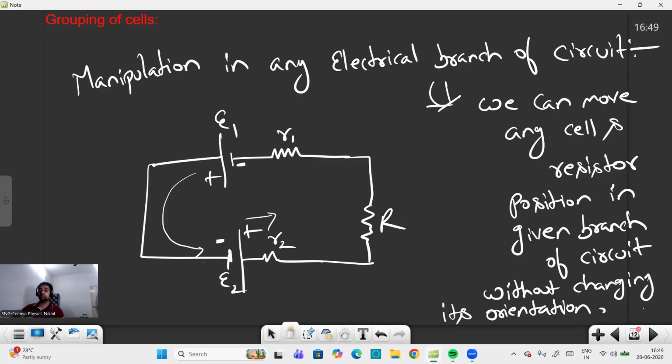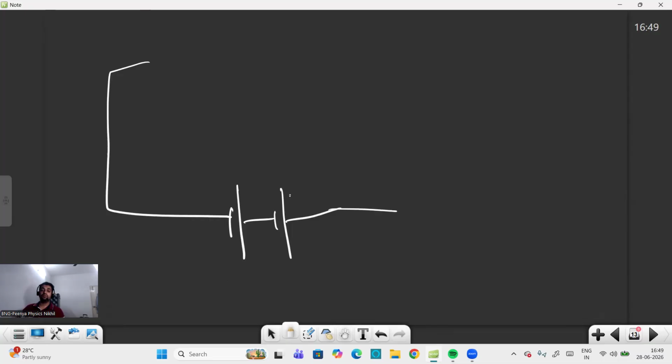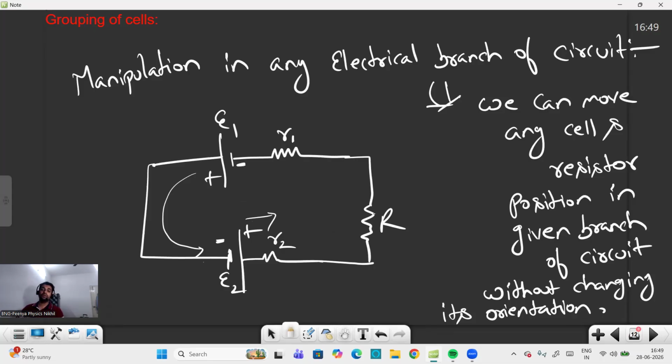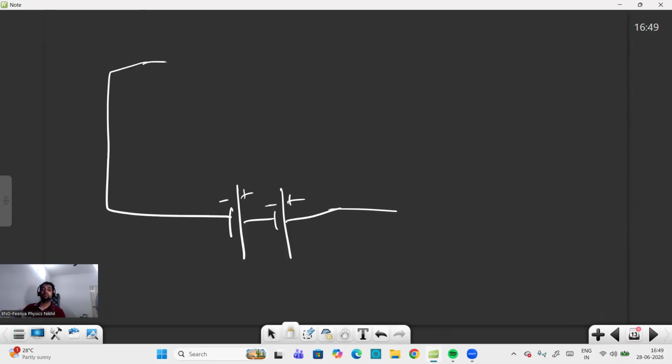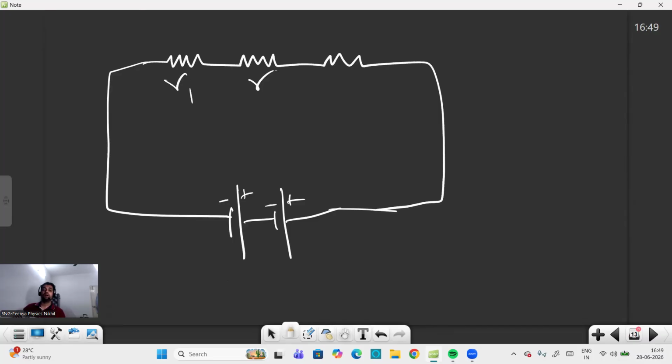The plus-minus orientation I'm not changing. A resistor has no polarity, so we can write all together without thinking much: R1, R, and R2. So E1 and E2, we can see their polarity is on the same side.